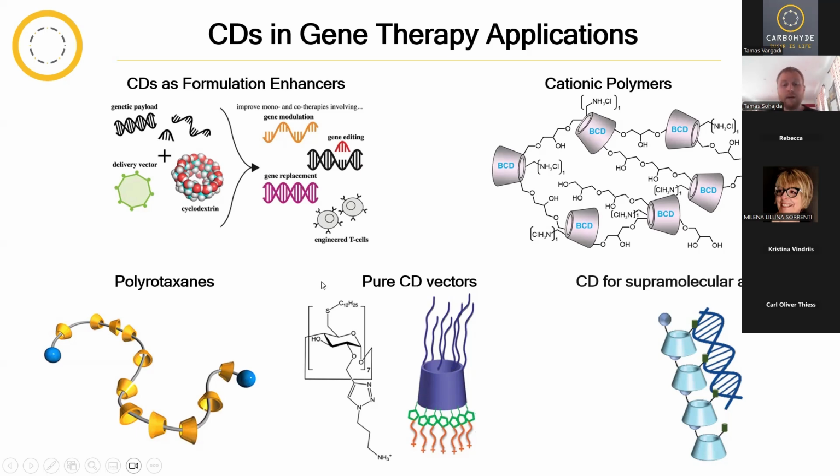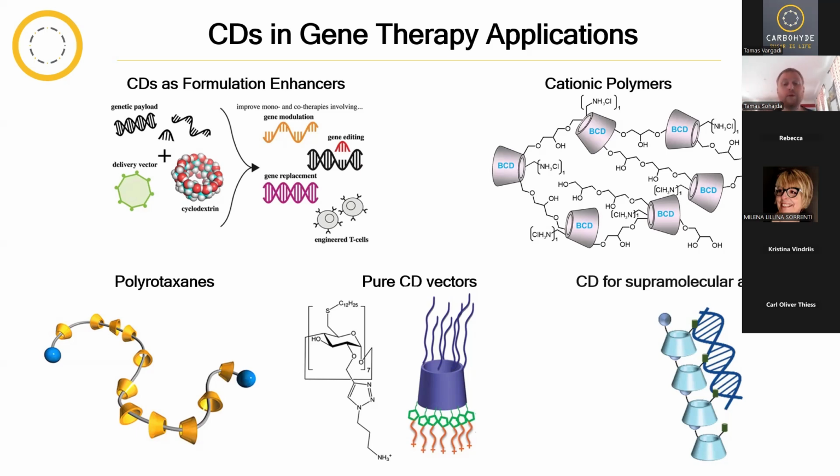You can create amphiphilic cyclodextrins, and this is the other field that I'll talk more about, where on one side of the cyclodextrins you put the aliphatic chains, and on the other side you put usually cationic groups. In this case, technically the cavity doesn't play any role in the interaction. This cyclodextrin serves as a building block of a micelle-like structure, very similar to a lipid nanoparticle.